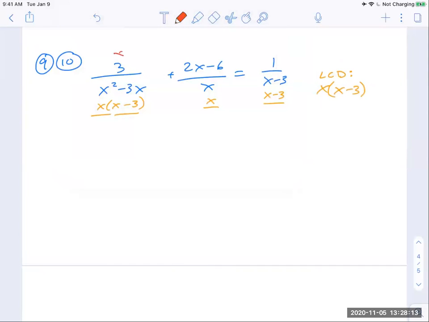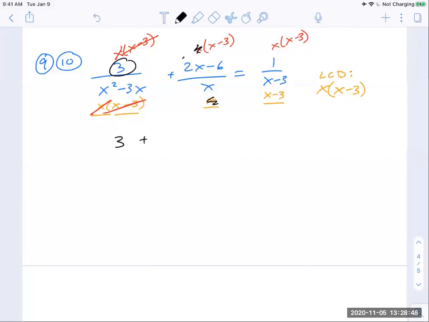Multiply my tops. This and this cancel with this and this. I am left with 3. X cancels with x.